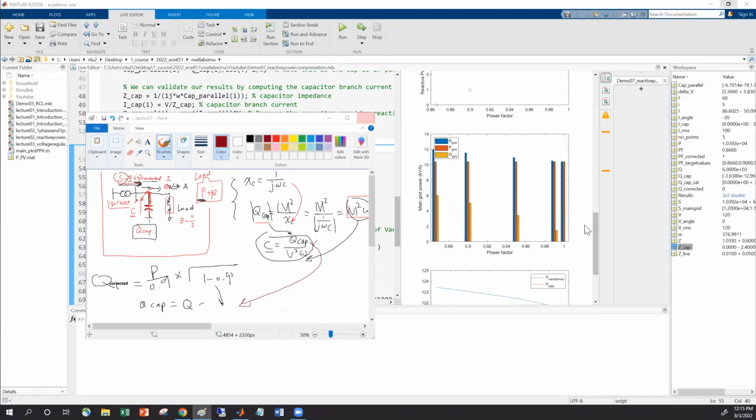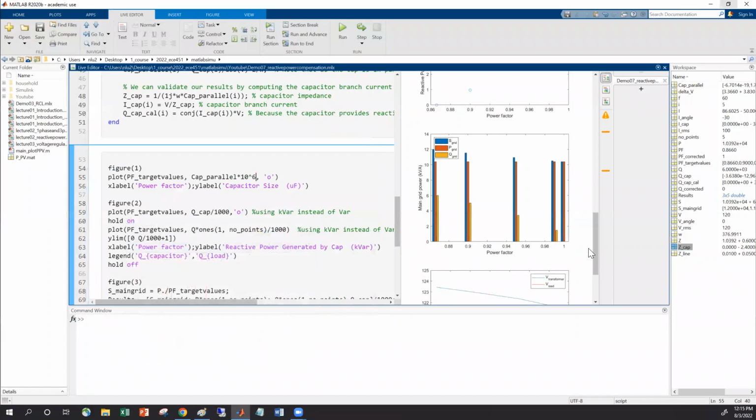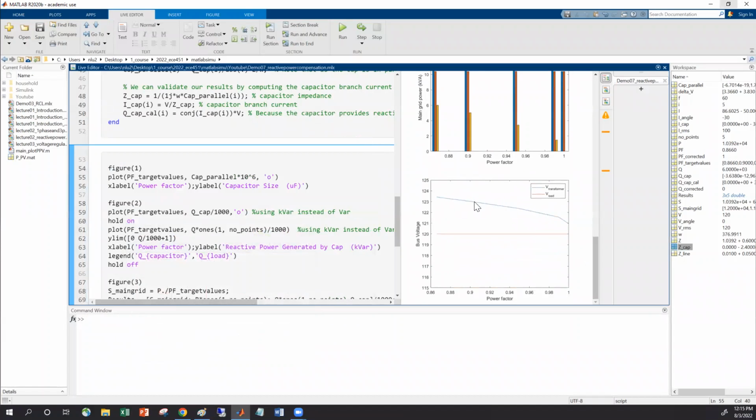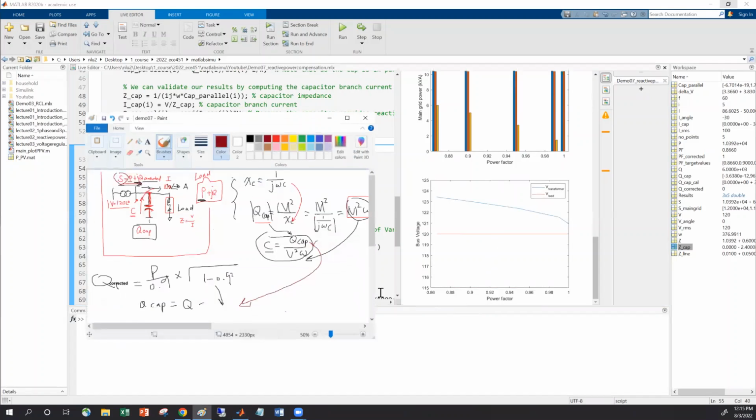The other thing we want to see is actually the voltage drop. You can see that when we have to maintain the voltage at this load to be 120, so this is a load.